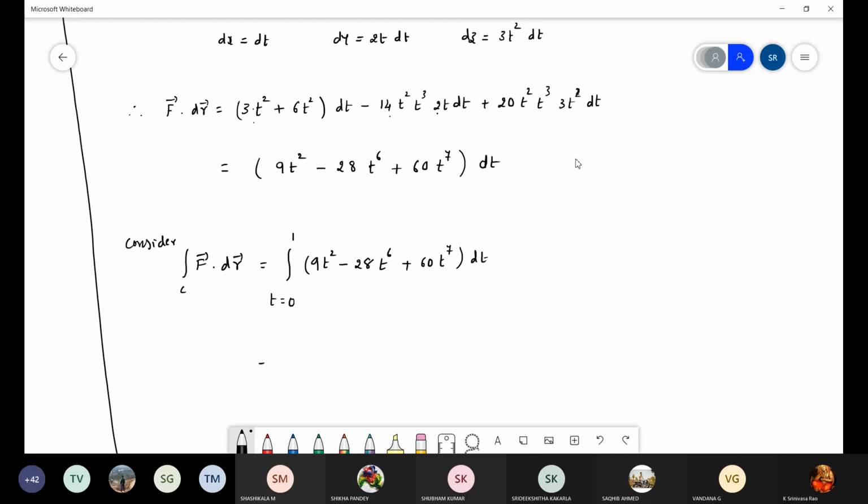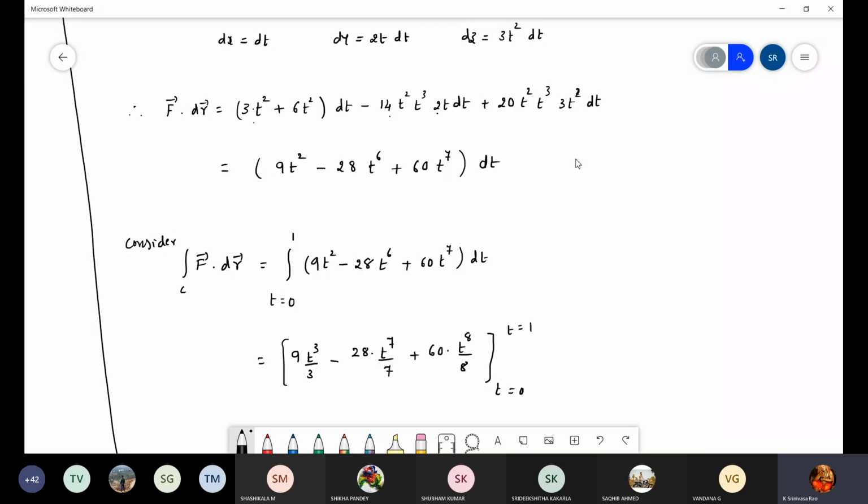Integrate: 9t square integration is 9 times t cube by 3, minus 28 into t power 6 integration which is t power 7 by 7, plus 60 into t power 7 integration which is t power 8 divided by 8, and you have to substitute t equals 0 to t equals 1.